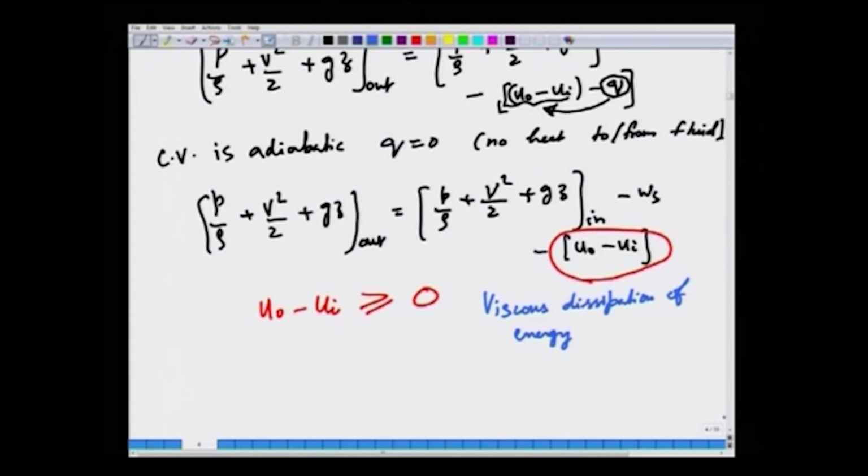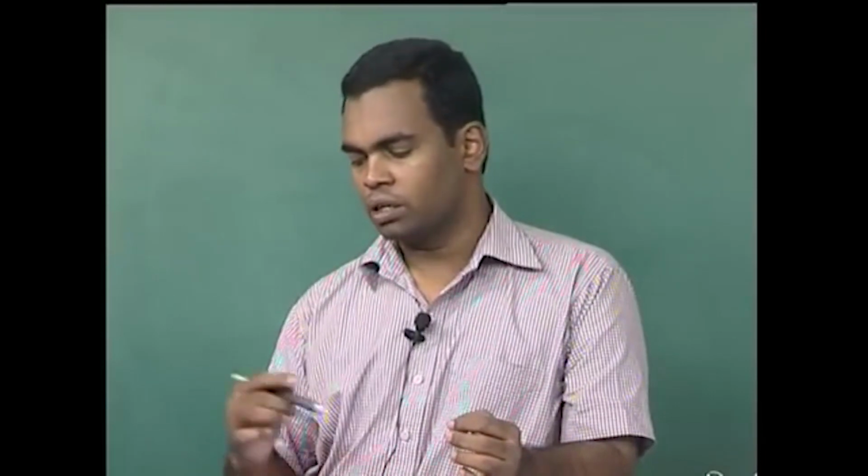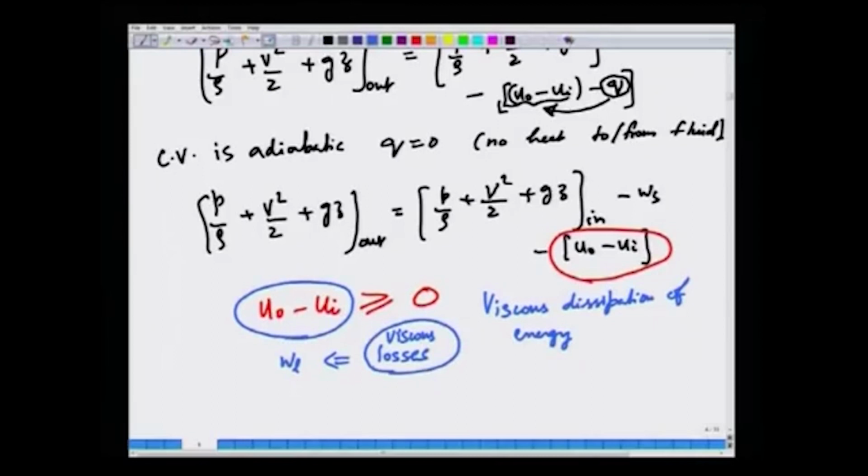So, this term will always be greater than or equal to 0. In the context of fluid flows, this is the energy that is lost. So, these are termed viscous losses, because the macroscopic energy that you have supplied by way of kinetic energy, gravitational potential or pressure has been lost to internal energy.